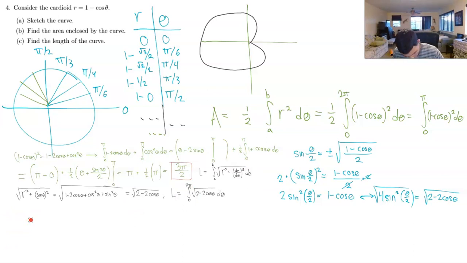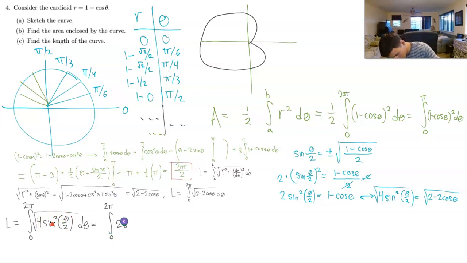So we got the length is equal to the integral from 0 to 2 pi of the square root of 4 sine squared theta over 2 dθ. And yes, as you guys can see, there are perfect squares in here, so they can come out of the square root. So we get the integral from 0 to 2 pi, and then it becomes 2 sine theta over 2 dθ.